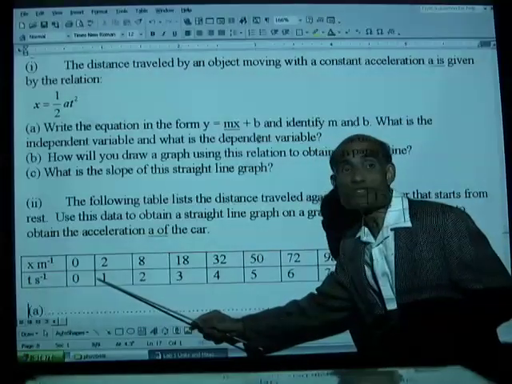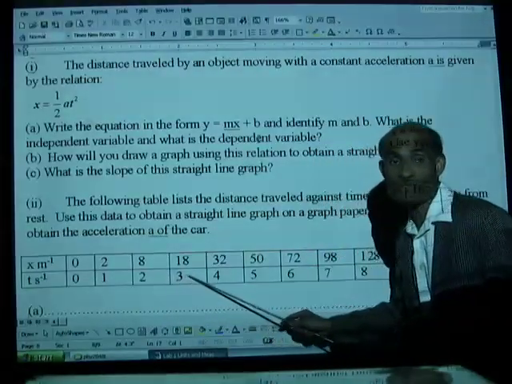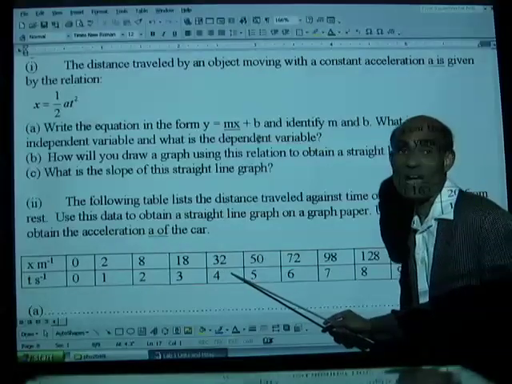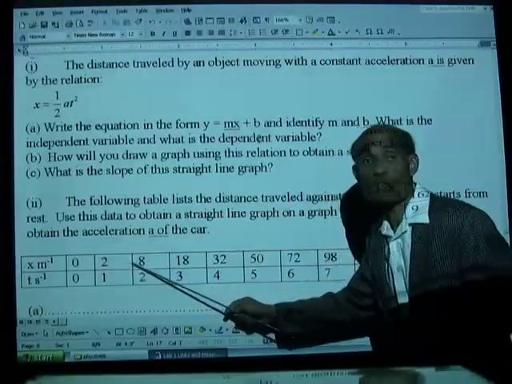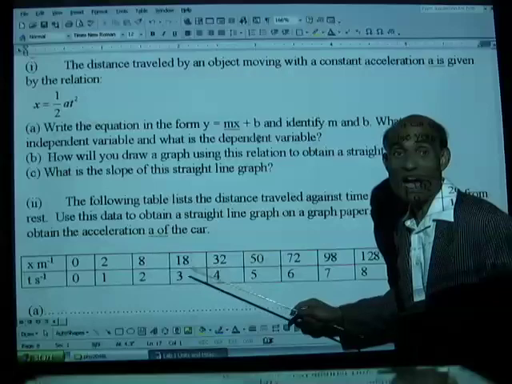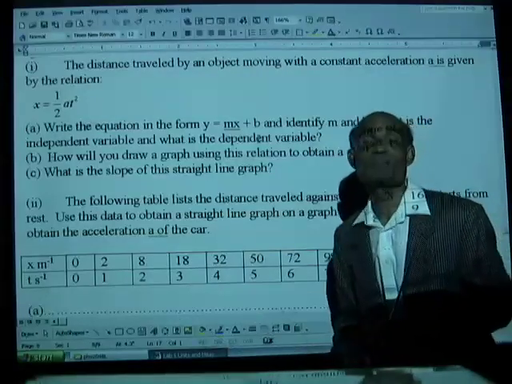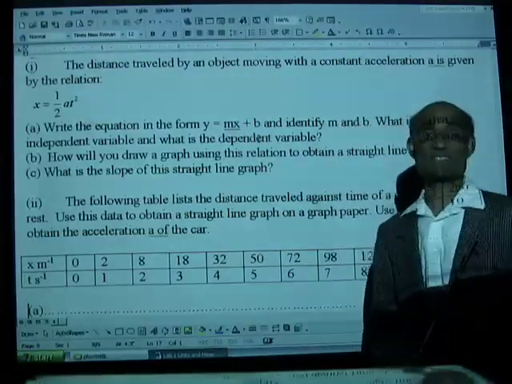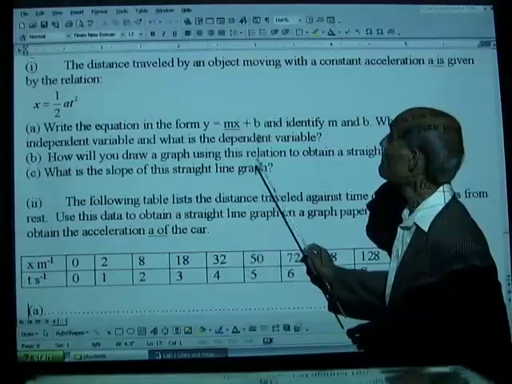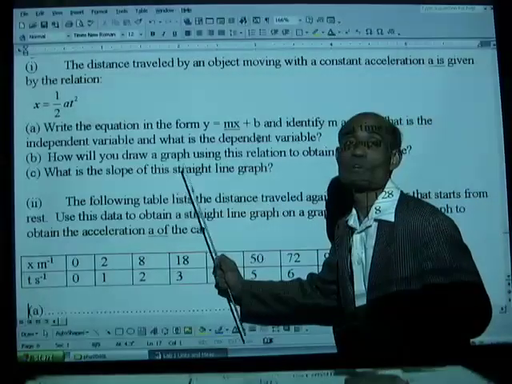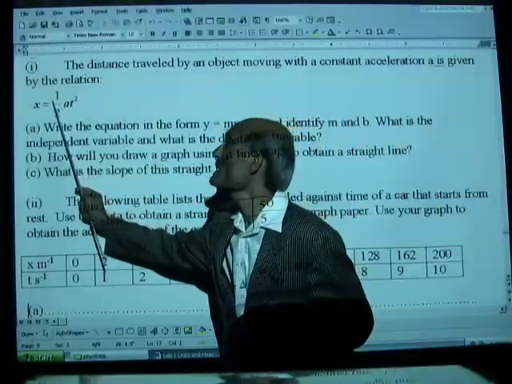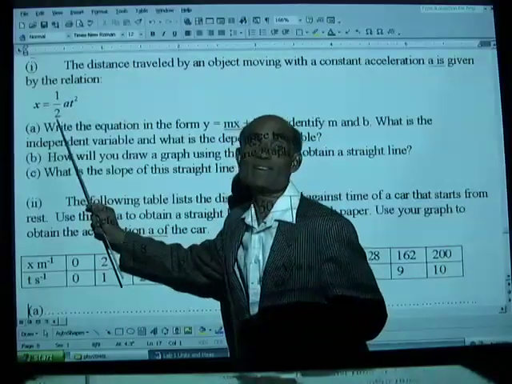First of all, you need to square the time values. And then your graph will be x on the vertical axis and the square of time on the horizontal axis. And then measure your slope, and that slope will be 1/2 of a.